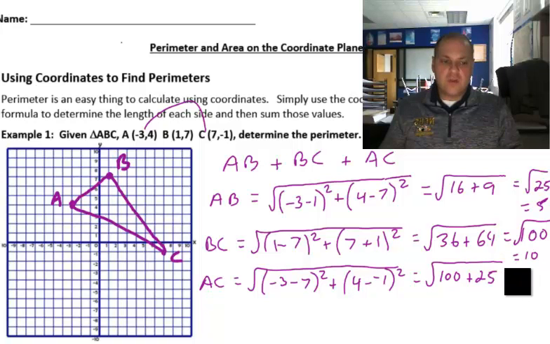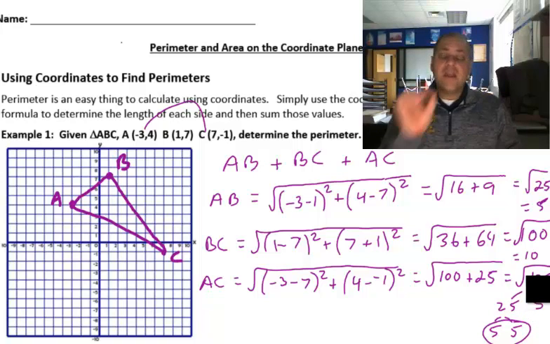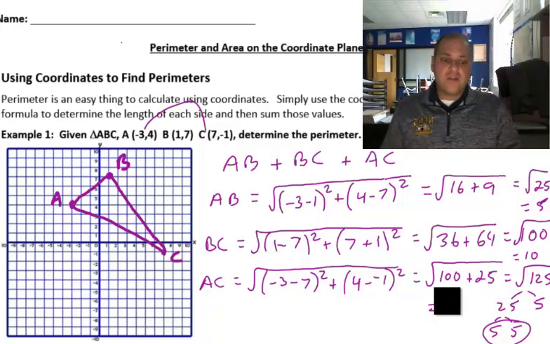So that's going to be the square root of 125, which breaks down to 25 times 5, and 25 is 5 times 5. I have a pair of 5s with a 5 left over, that's 5 radical 5. So this is 5 radical 5.